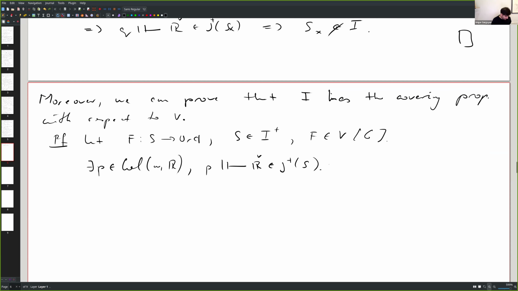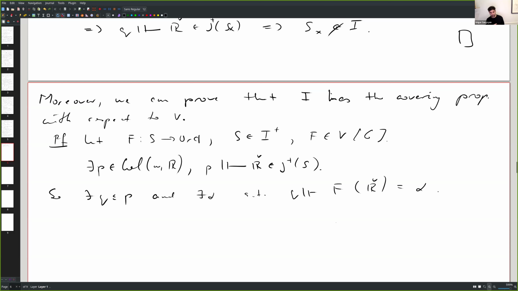Okay, so we look at the value of this particular function. So now I can further extend P, and there exists alpha such that Q forces F of R is equal to some alpha, right?